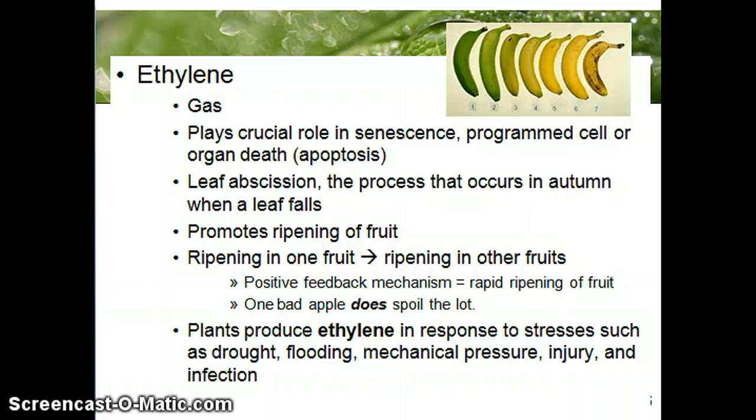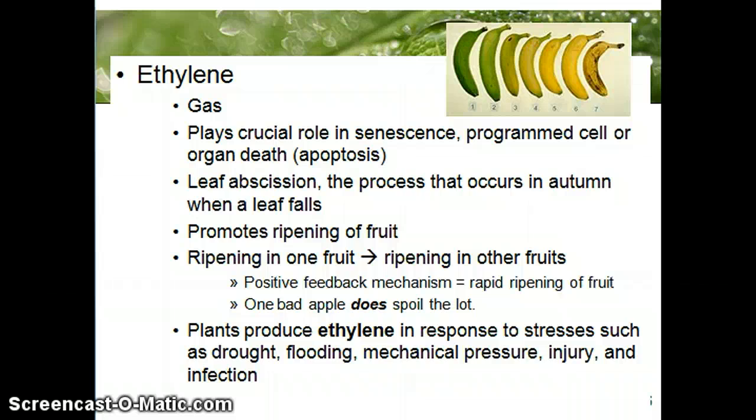It plays a crucial role in senescence, which is the programmed cell or organ death. Apoptosis is that programmed cell death. So when we have leaves falling off of trees, that's senescence. This leaf abscission is the process that occurs in autumn when that leaf falls off.